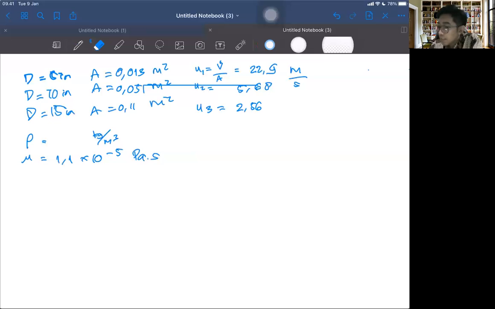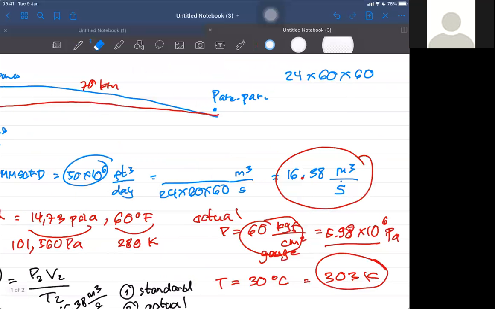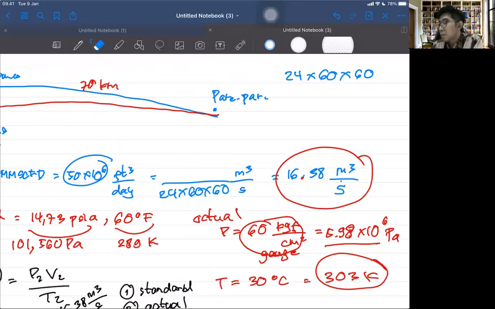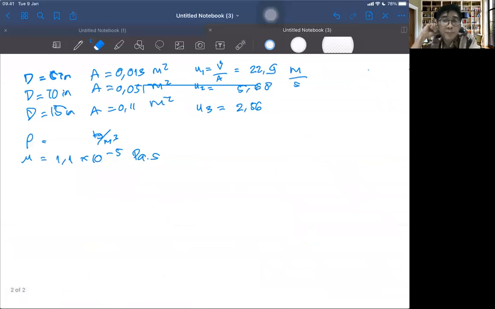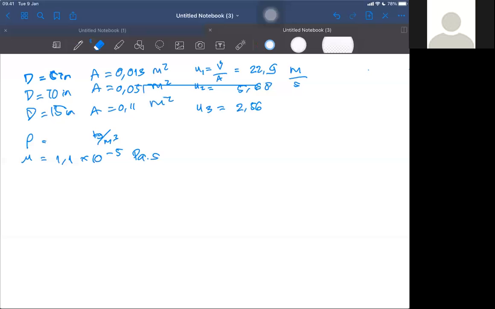How much is the density? What's the pressure again, sir? The actual pressure, 5.98, right? Yes, 5.98 times 10 to the power of 6. Also, sir, the MR, since it's 17, is in grams, right?